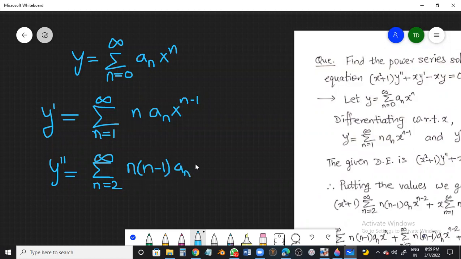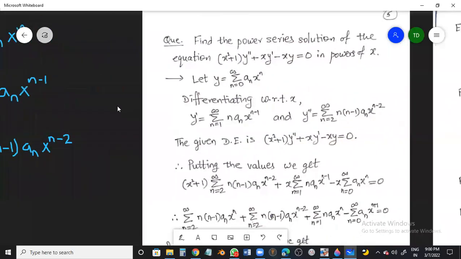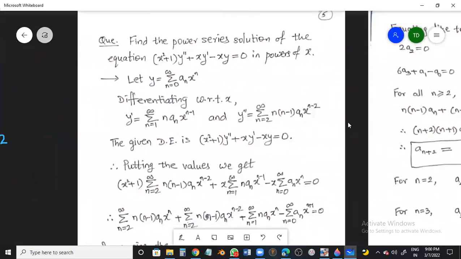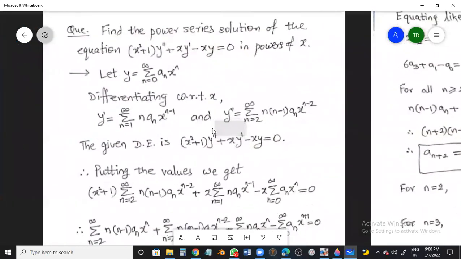And the power of x is reduced by 1, so it gives you n minus 2. This is the usual nature, and that is what I have shown over here. y dash is n an x raised to n minus 1, and y double dash is n running from 2 to infinity n times n minus 1 an x raised to n minus 2.